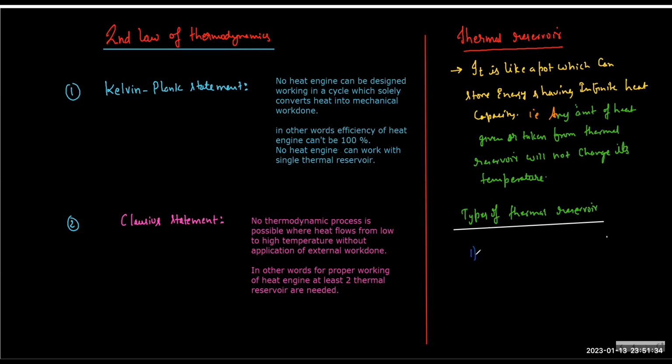The first is the source, which is the high temperature reservoir. And the sink. Sink doesn't mean that we have to throw energy there. Sink means it is the low temperature reservoir.